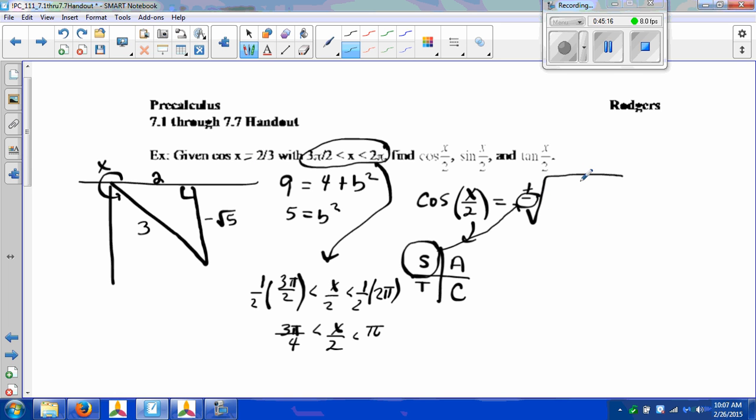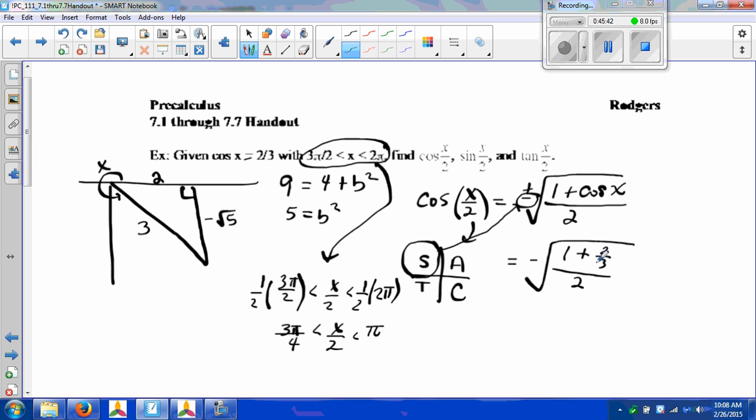So we chose the negative, and then cosine is plus, so we get 1 plus the cosine of x over 2. All right, well, the cosine of x, so I'm going to leave my negative, and then the cosine of x is adjacent over hypotenuse, so that's plus 2/3, which I knew anyway because they gave it to me right there, over 2.